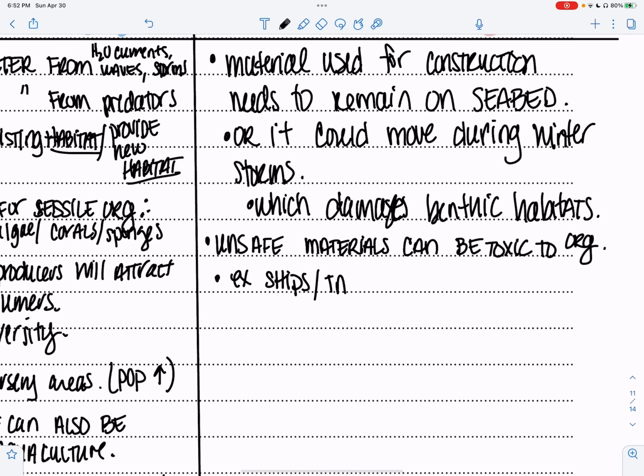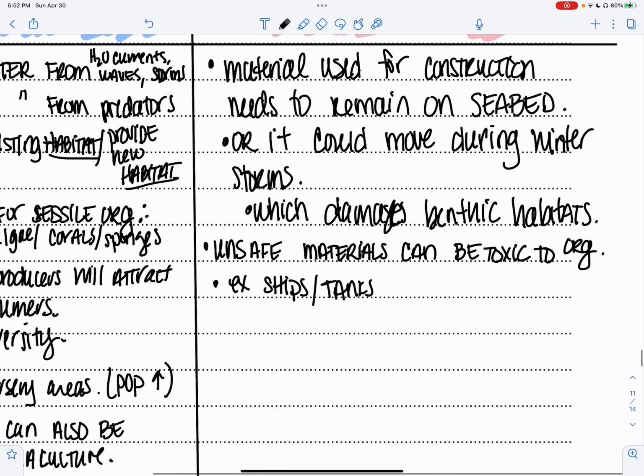Ships or tanks, like military tanks or old ships, deliberately sunk, could still contain oil and paint. And some of that paint might have like TBT in it to prevent fouling.